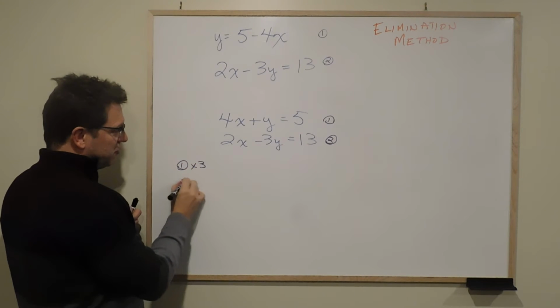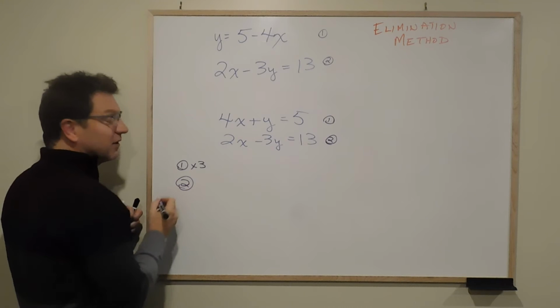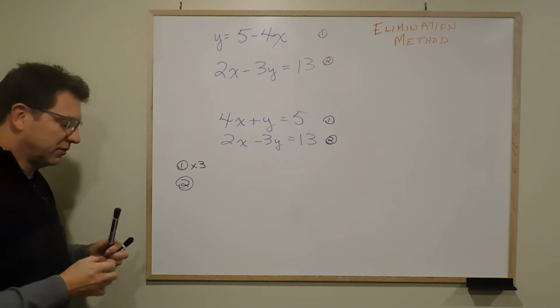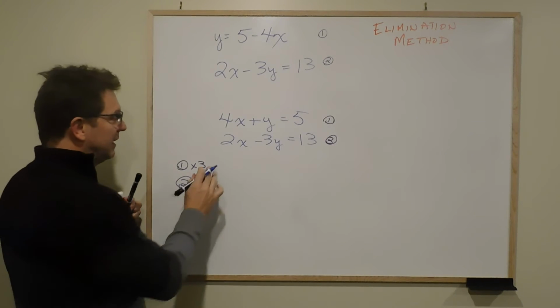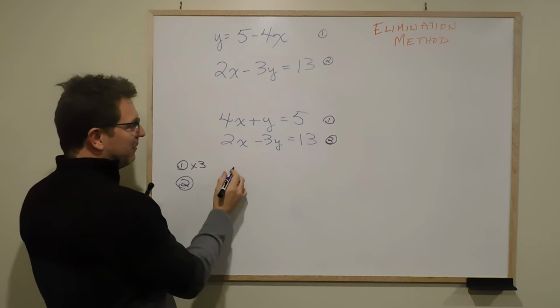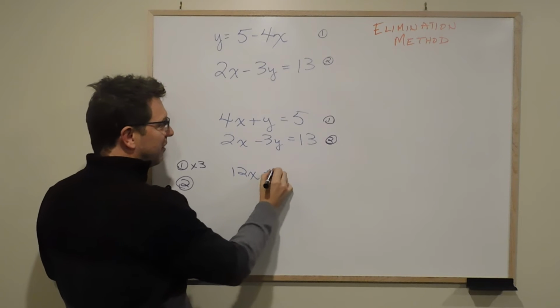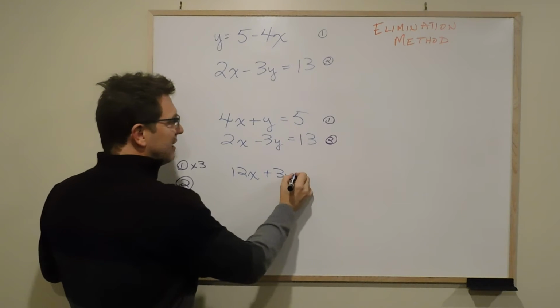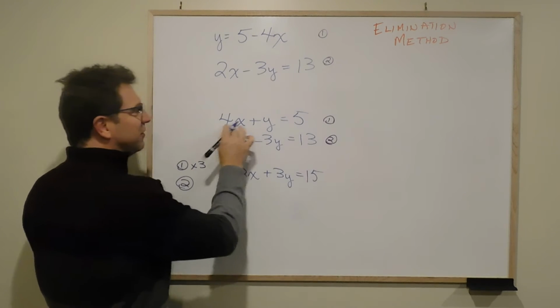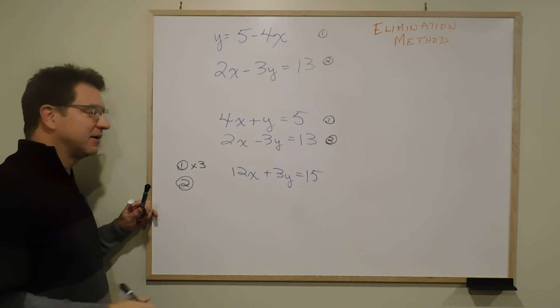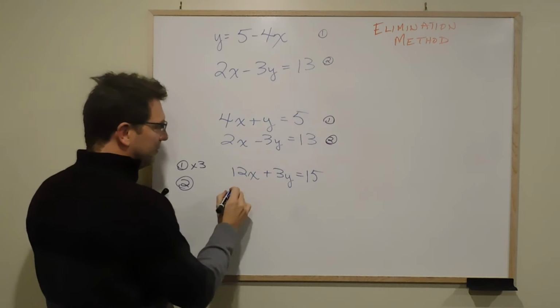I'm going to take number 2 and leave it alone. Number 1 multiplied by 3 is 12x plus 3y equals 15. So you have multiplied each one of them by 3. I'm not going to touch number 2, I'm just going to rewrite it.